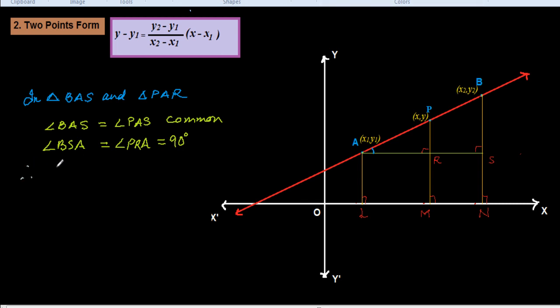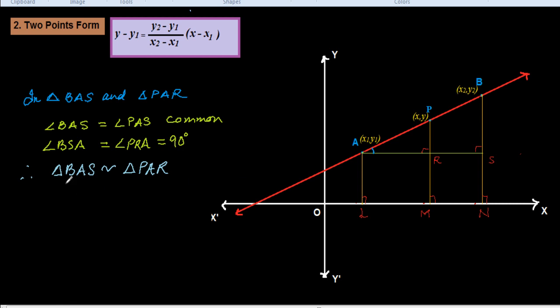Therefore, triangle BAS is similar to triangle PAR. Now the ratio of their corresponding sides should be equal, or proportional.